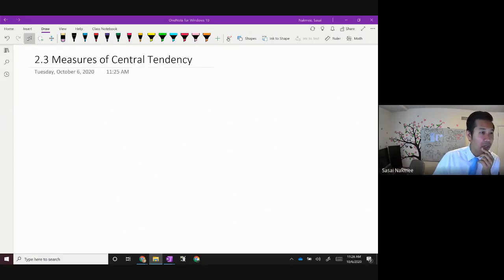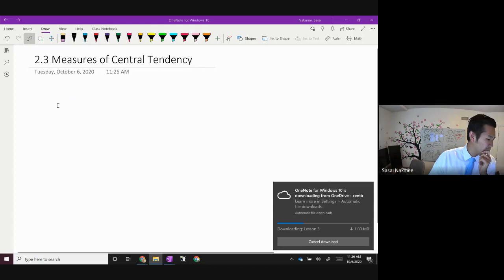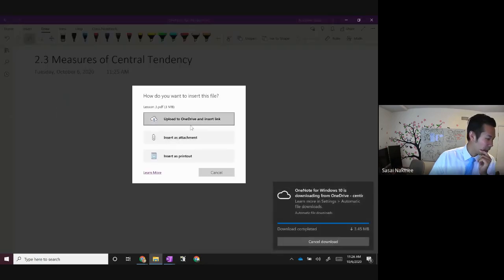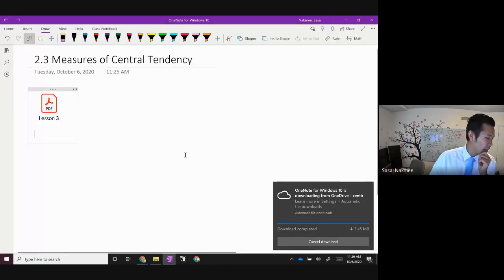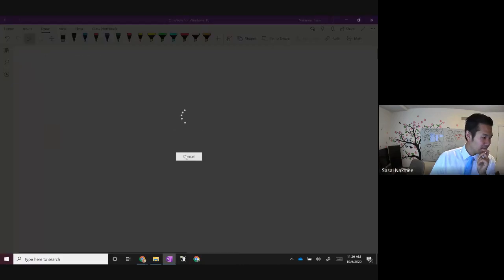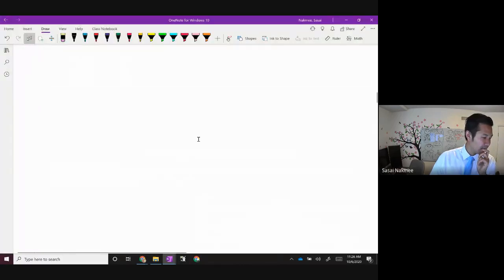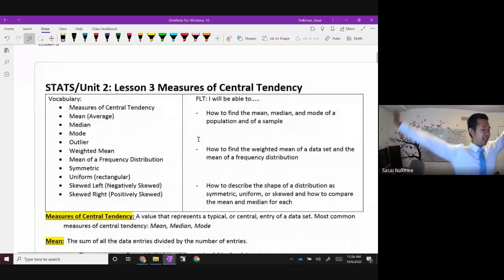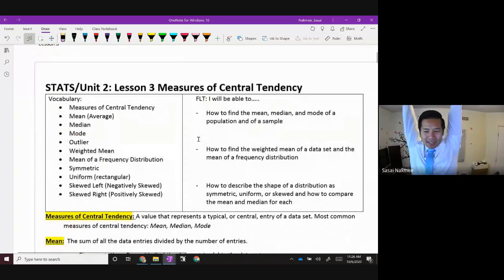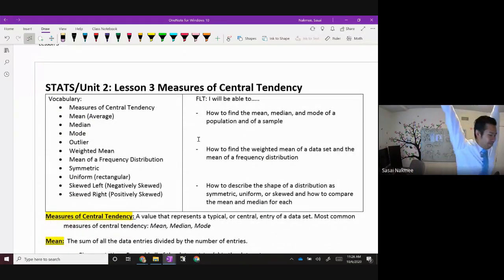You guys are Unit 2, Lesson 3. And I'm going to just drag that onto here, and hopefully that works. What? Oh, you're downloading, and then insert as a printout. And boom! Aha! We're there!